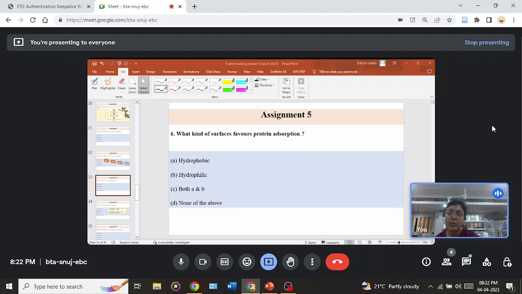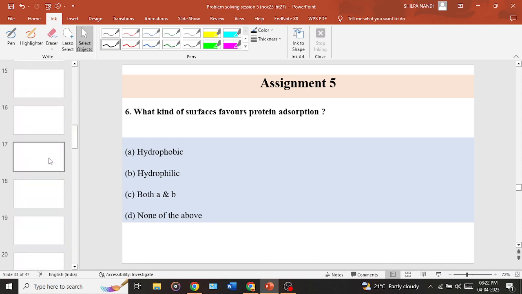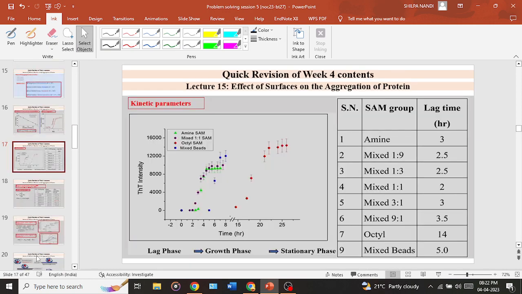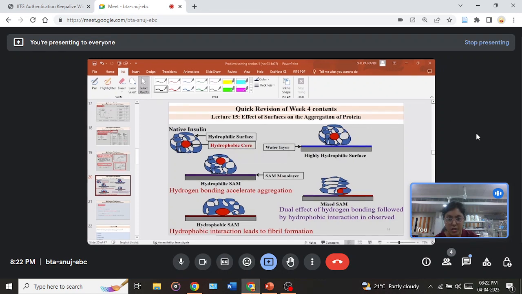So how come hydrophobic surfaces favor protein adsorption? Let me go back to a particular figure. You can see that on any hydrophobic SAM, there will be interactions that lead to fibril formation.